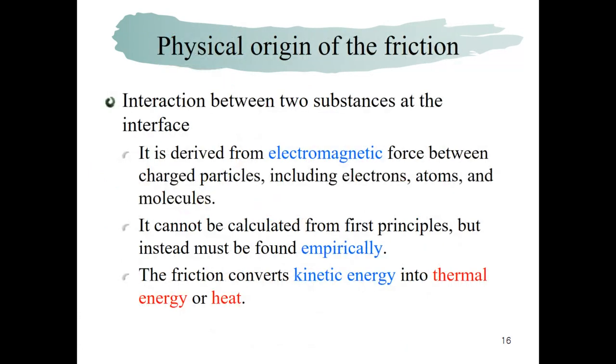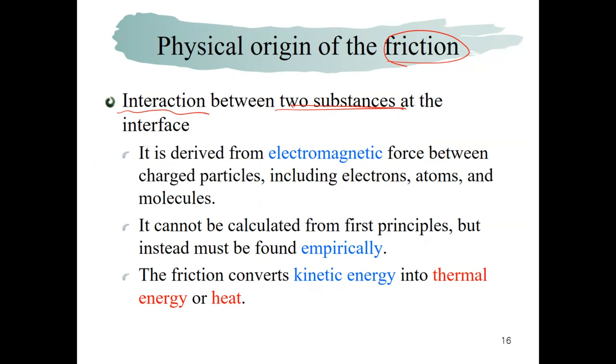Okay, so let's think about the origin of friction in fundamental physics. Surprisingly, the physical origin of friction is not very well defined and not very well understood. But what we understand is that if two substances touch each other, some kind of interaction can exist between the two surfaces.